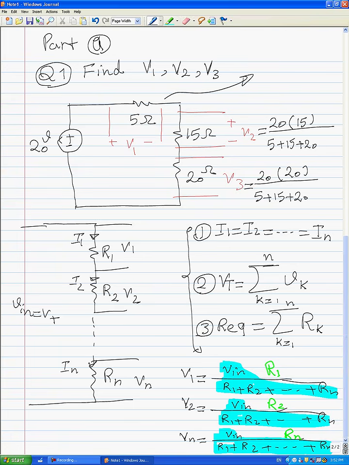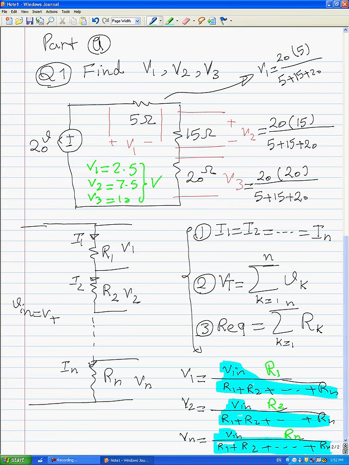And for V1, here again we have 20, 5 plus 15 plus 20, times 5. And the final answer for V1 is equal to 2.5, for V2 is equal to 7.5, and for V3 is equal to 10 volts.